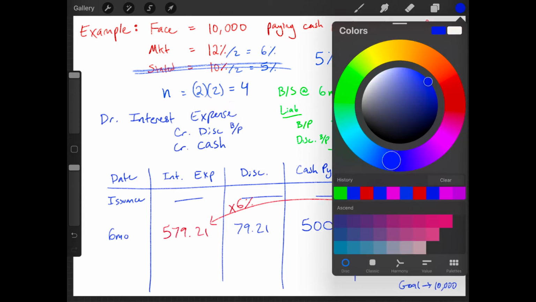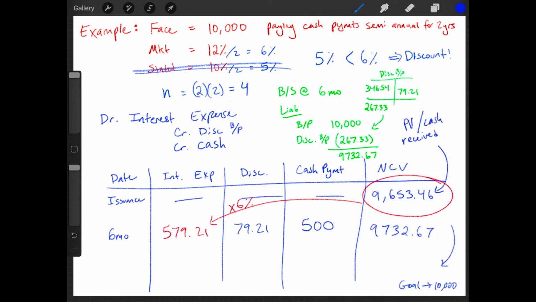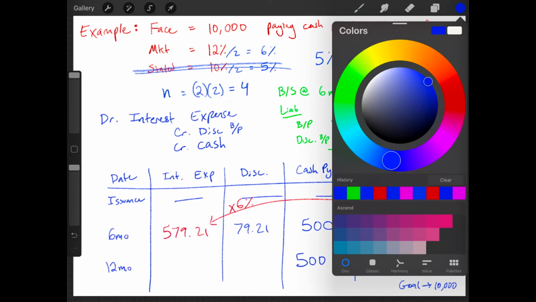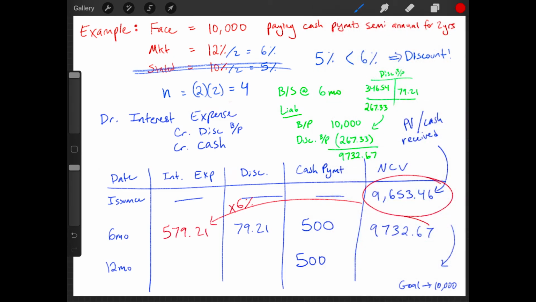And moving forward in this question, we're going to go ahead and go to the next time we're calculating interest expense at the 12-month mark. And again, we know our cash payment is $500. That never changes, but our interest expense will be the net carrying value times that market rate of 6% to get an interest expense amount of $583.96.